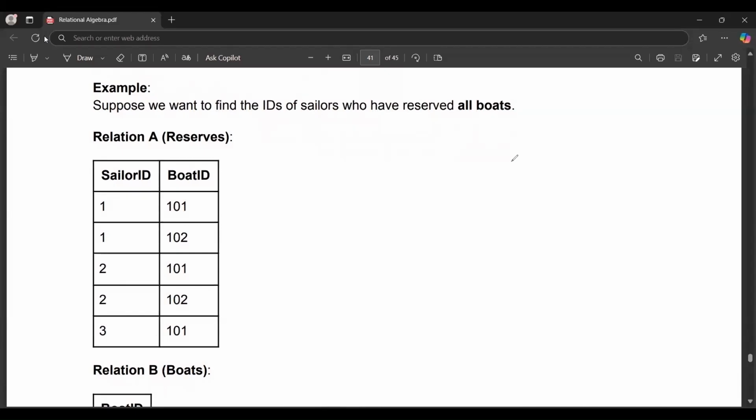Now we will look at a practical example. Here we have a relation A which has Sailor ID and Boat ID. The Sailor IDs are 1, 2, 3, and there are boat IDs 101 and 102. Let's say relation B is just Boat ID, then only can we apply division, right?